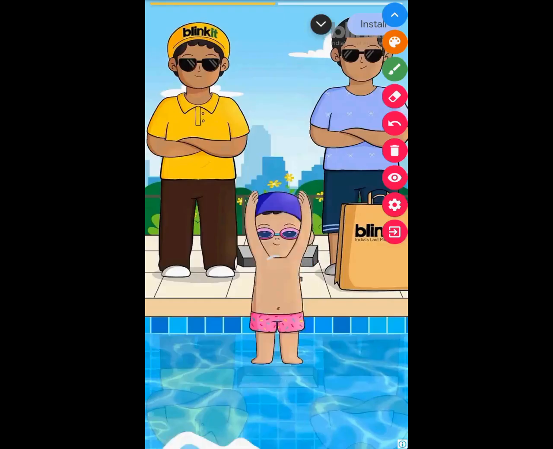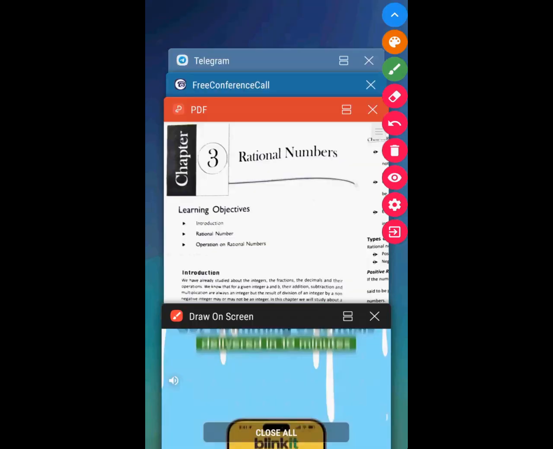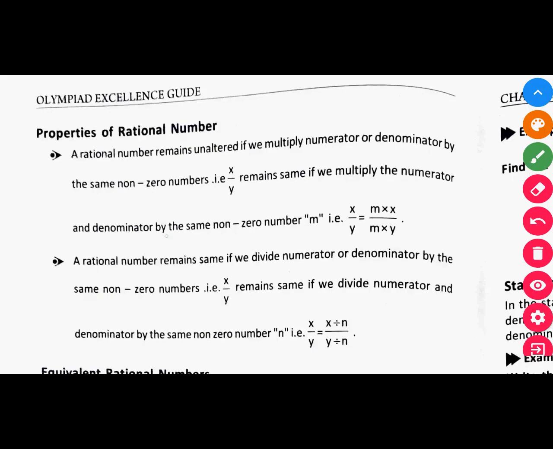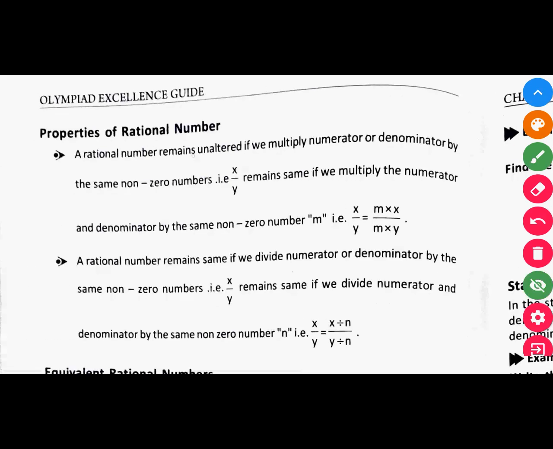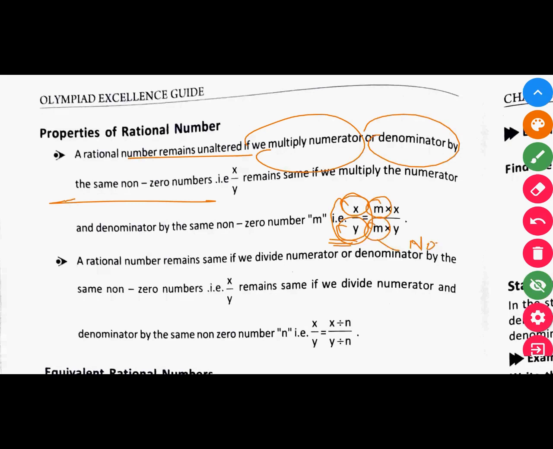Okay, the rational number remains unaltered if we multiply the numerator and denominator by the same non-zero number. If x upon y is a rational number, if we multiply this x and this y by the same non-zero number, okay, why?